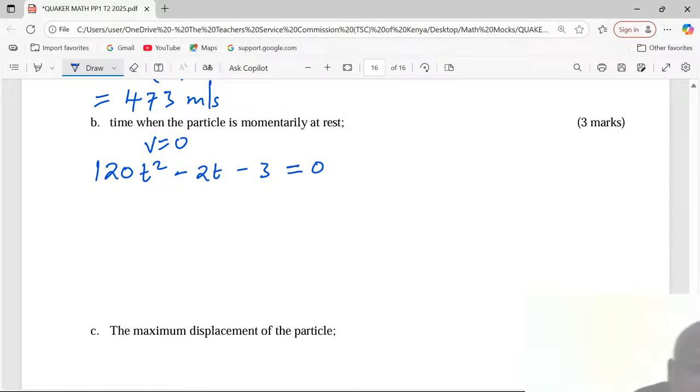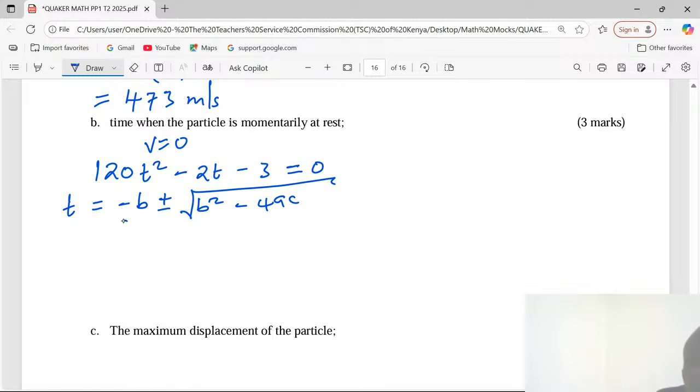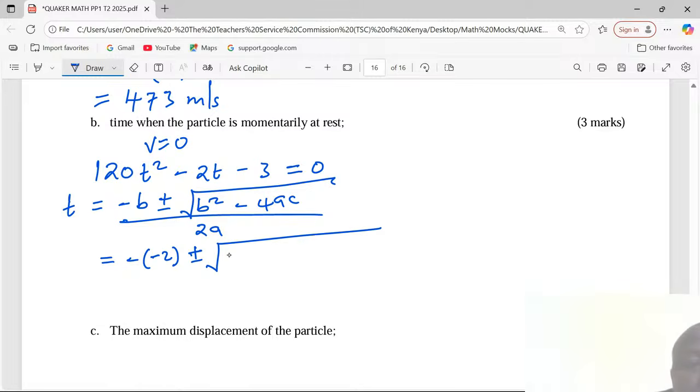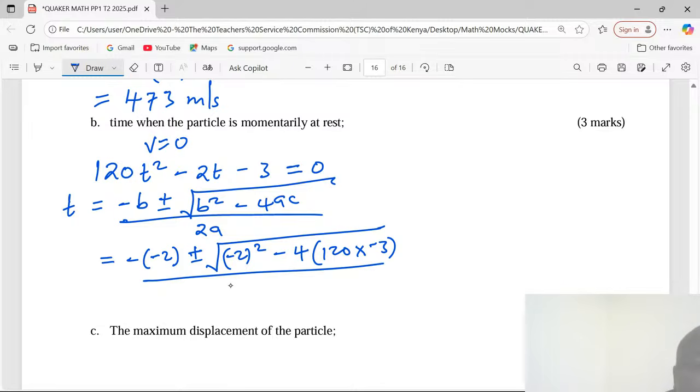We can use several formulas like the quadratic formula. t shall be negative b plus or minus the square root of b squared minus 4ac, then we divide everything by 2 times the value of a. Negative b means negative of negative 2, plus or minus the square root of negative 2 squared minus 4, a is 120, c is negative 3, then we divide everything by 2 times 120. We can use our calculator.